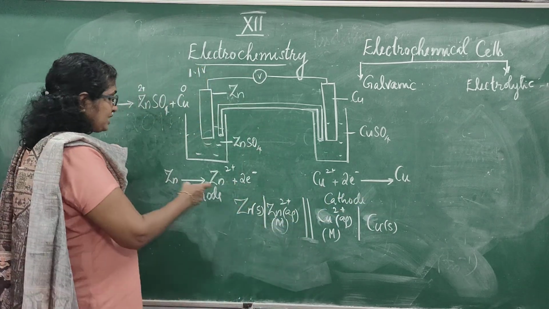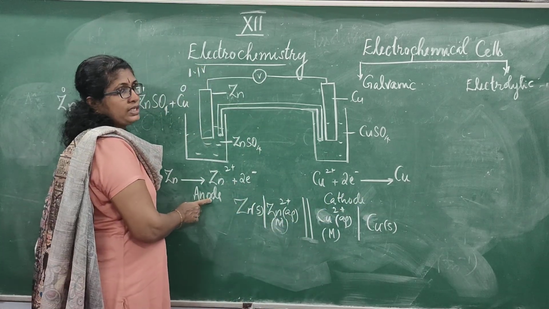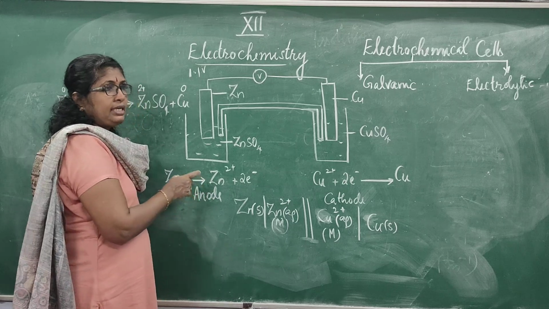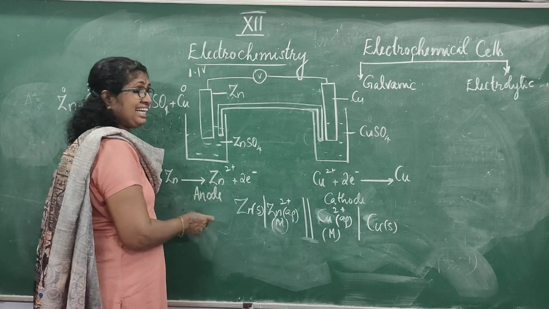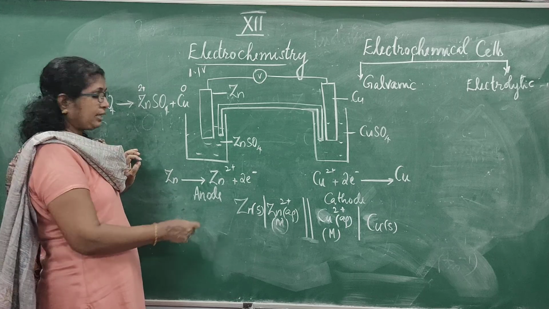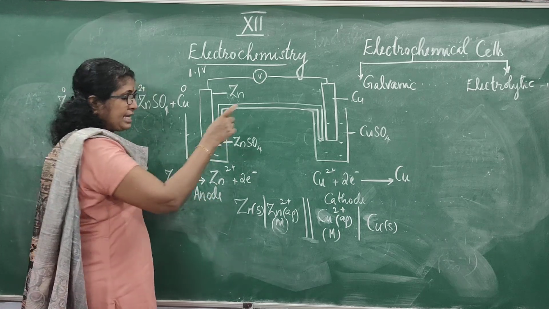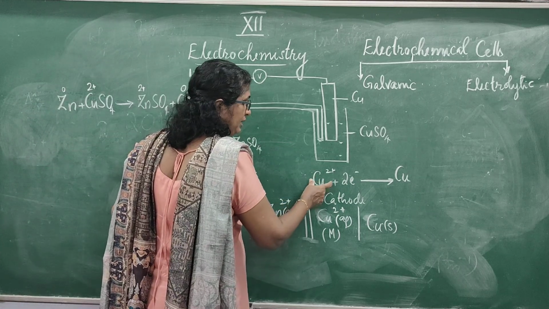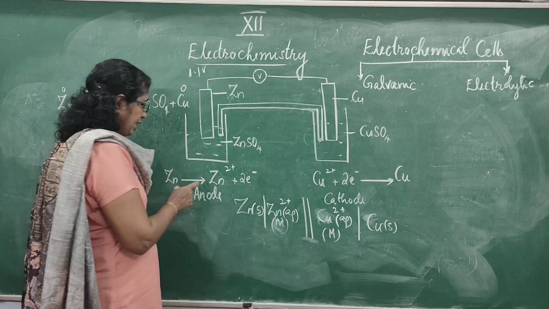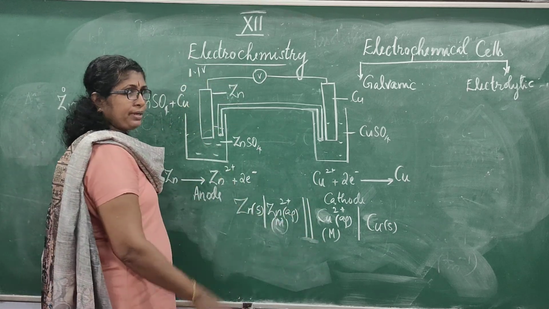Since zinc is oxidized, that electrode is called the anode, because by IUPAC convention, the electrode at which oxidation takes place is called the anode, and the electrode at which reduction takes place is called the cathode. So zinc is the anode and copper is the cathode.